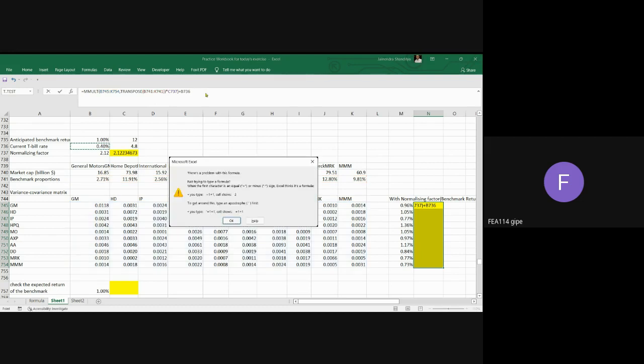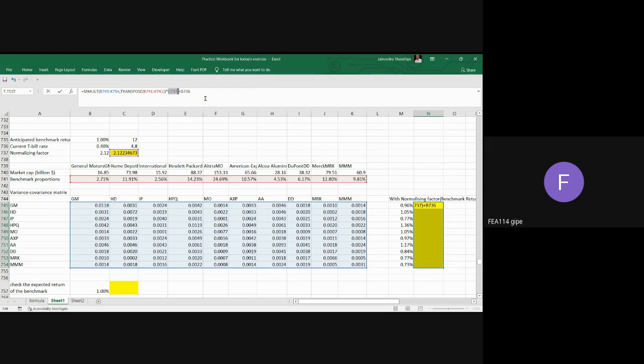So there is a problem here. If I remove this, wait, I think this bracket is, sorry. If I do just like this, will I get my answer? Yes, I think so.